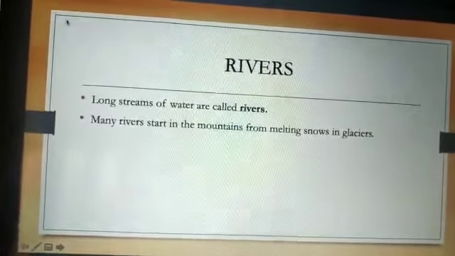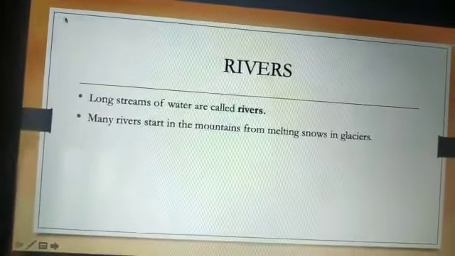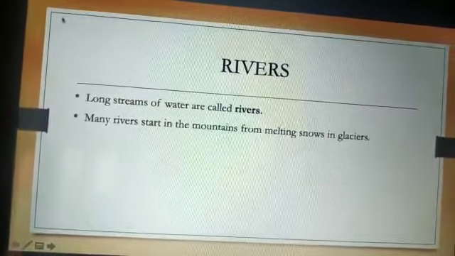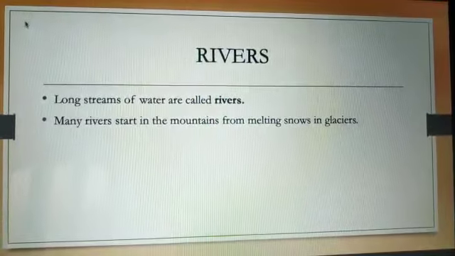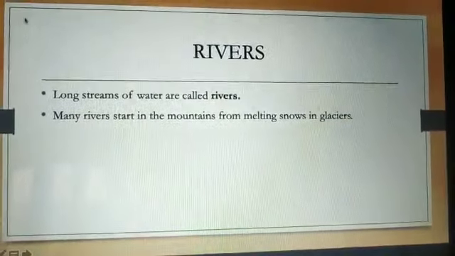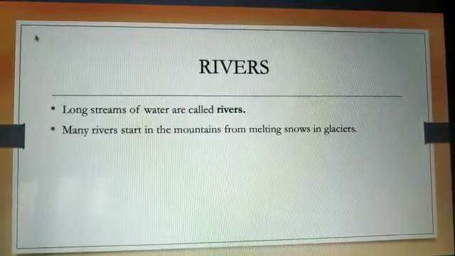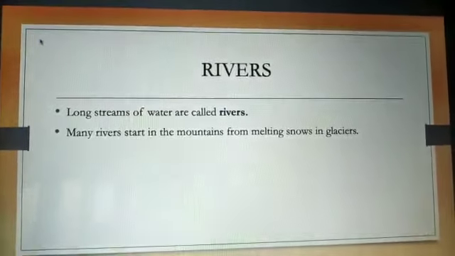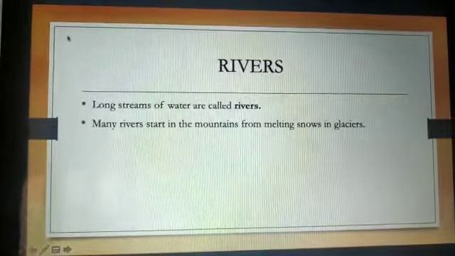Do you know what glaciers are? Glaciers form when ice from the mountain peaks melts. Many rivers start flowing from the mountains.